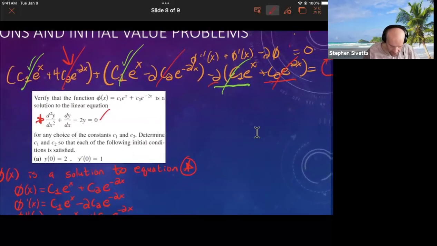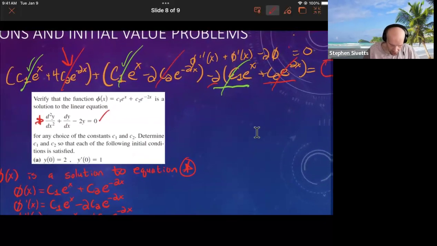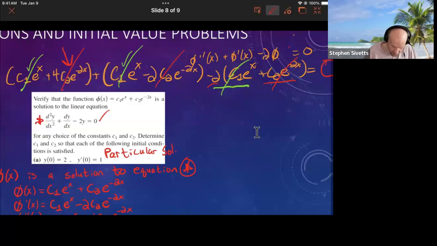And what we also need to do is figure out what's called a particular solution for this type. So we know that one solution, y of x, equals c1 times e to the x plus c2 e to the negative 2x.